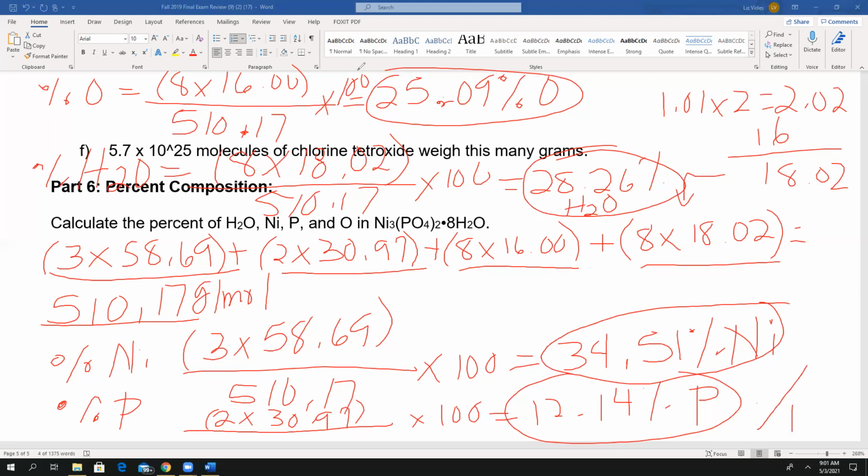So it's correct if you add them all up. All right, so that's how you do percent composition. Now you know.